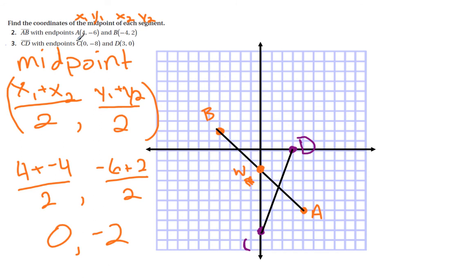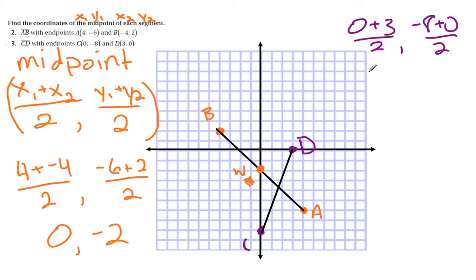So let's use our formula. Again, we'll call C x1 y1, D will be x2 y2, just to keep it simple. So we have 0 plus 3 divided by 2, and then our y values, we have -8 plus 0 over 2. The zeros help out. That makes our math a little bit easier.